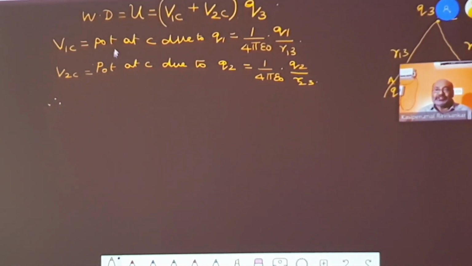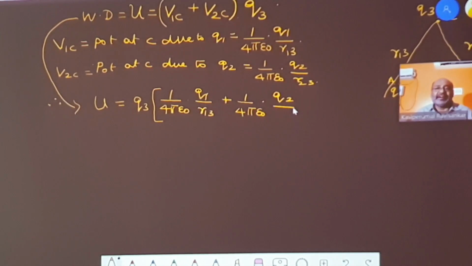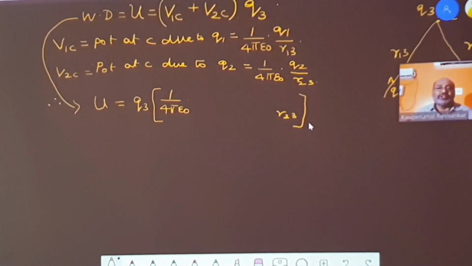So substituting, the potential energy U is equal to, taking Q3 out, 1 divided by 4 pi epsilon 0 into Q1 divided by R13, plus 1 divided by 4 pi epsilon 0 into Q2 divided by R23. Now you simplify.